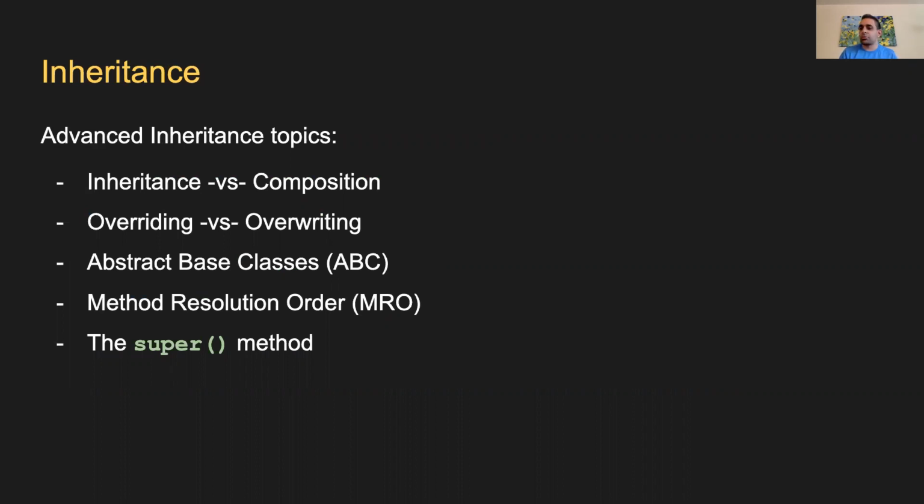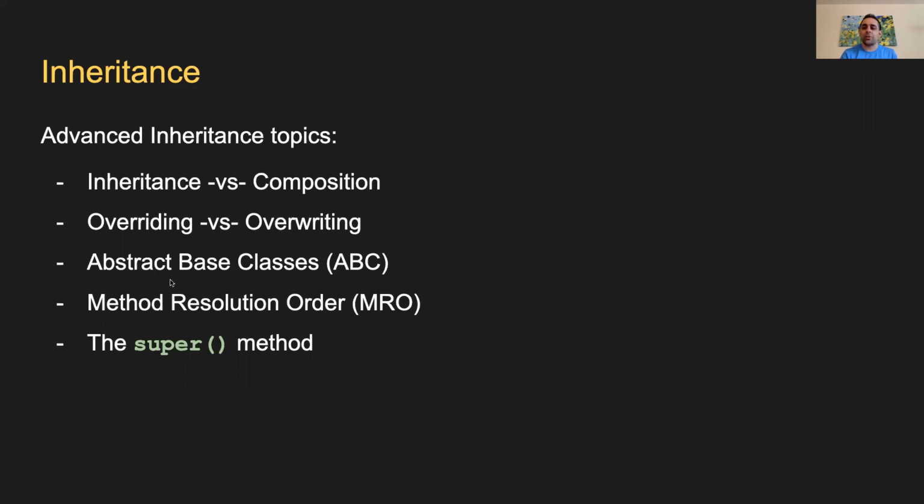Not all of them are super advanced, but we've been covering inheritance versus composition, talking about what each is and when you choose one or the other. Then overriding versus overwriting. Unfortunately, those words sound really similar, and they also have similar conceptual definitions, but there's a difference between them. I just want to differentiate overriding versus overwriting.